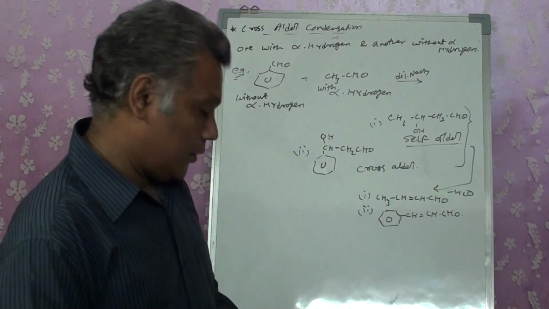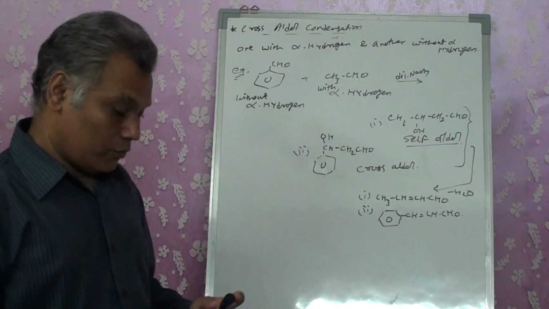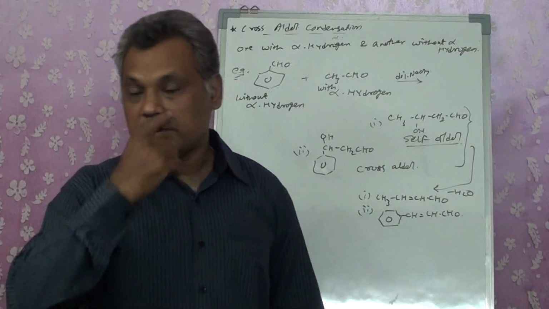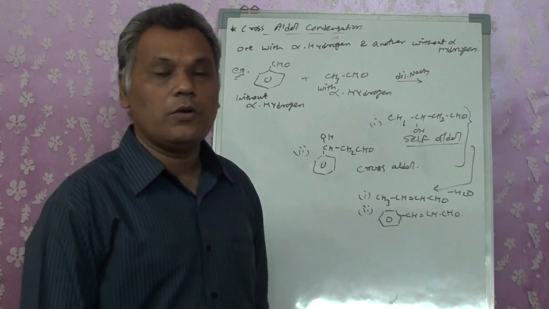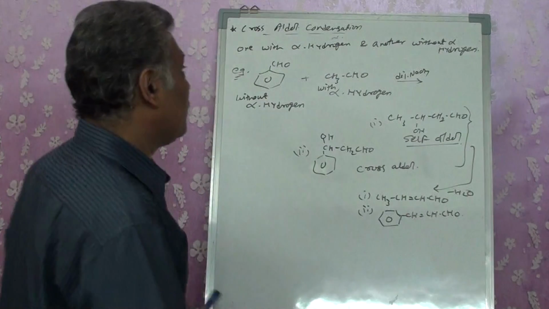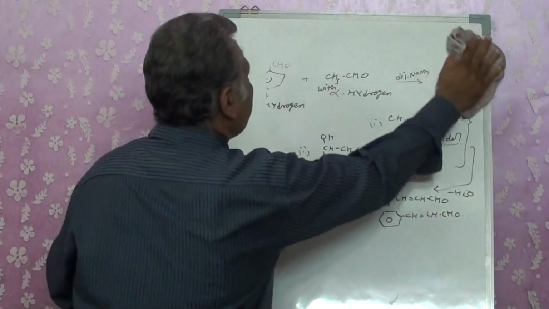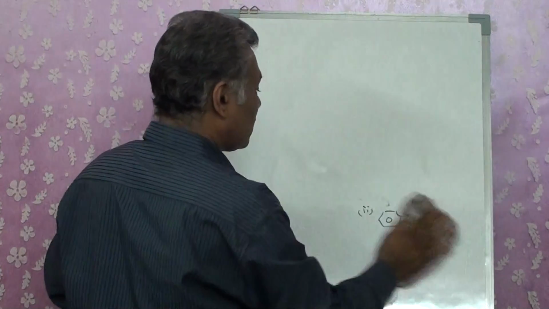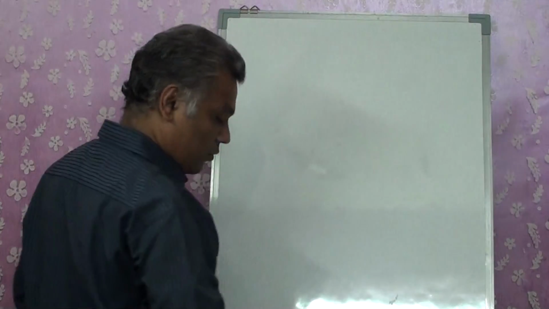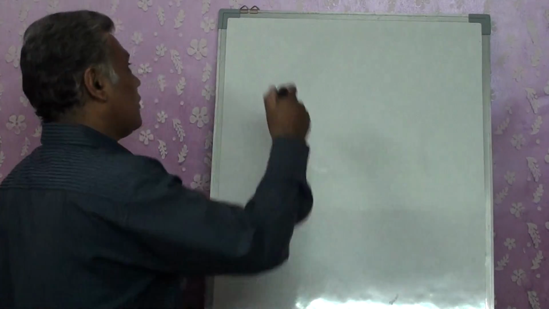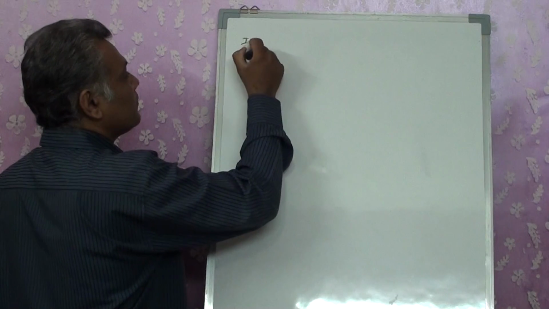Okay, so presence of alpha hydrogen takes the compound for aldol or cross aldol, but there are many compounds which do not have alpha hydrogen at all. Some of the compounds are there which do not have alpha carbon itself, right?